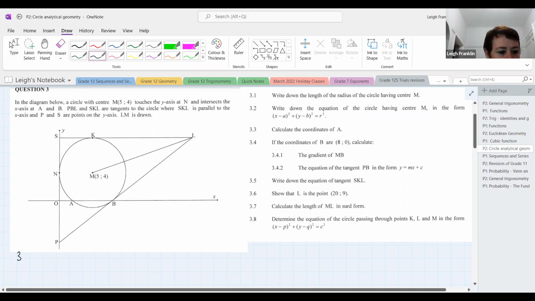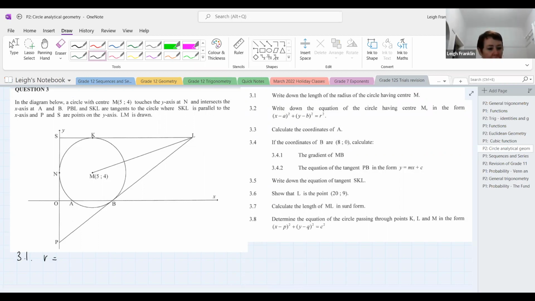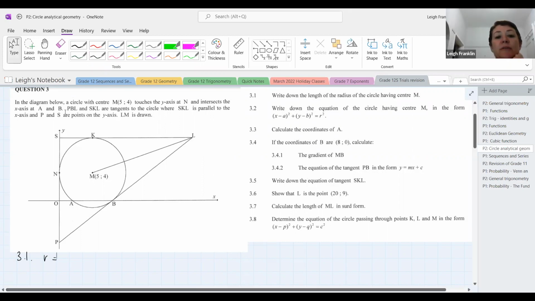Any ideas? Anybody know where to get started with this? It's just 1 mark.